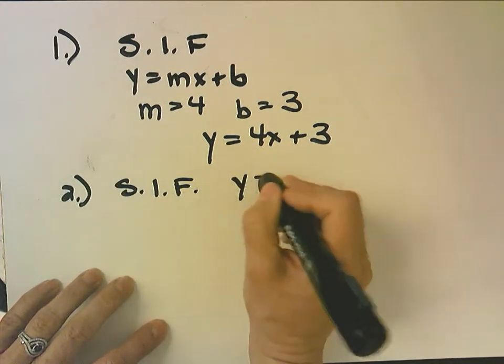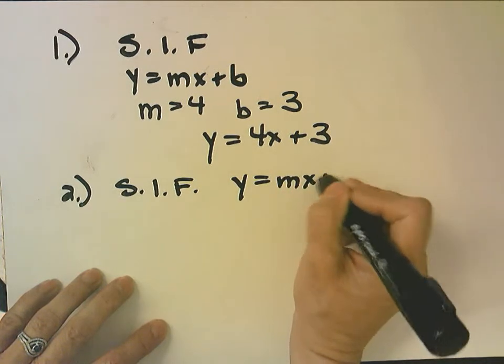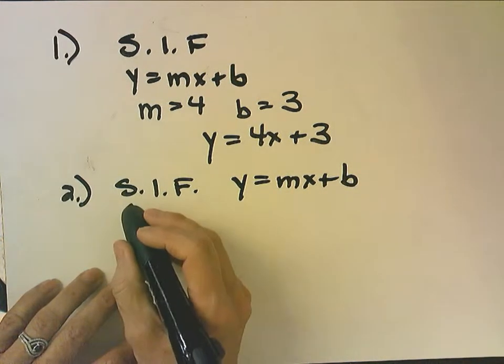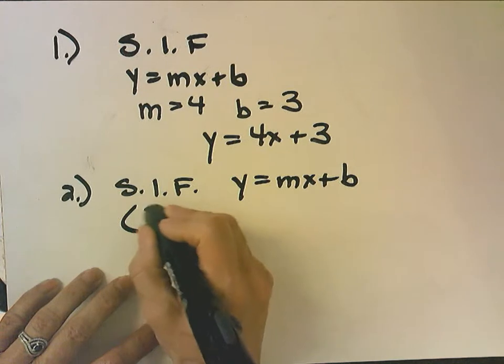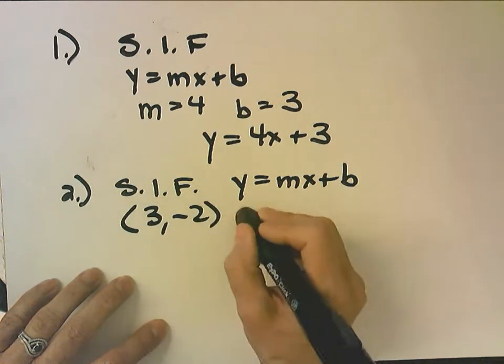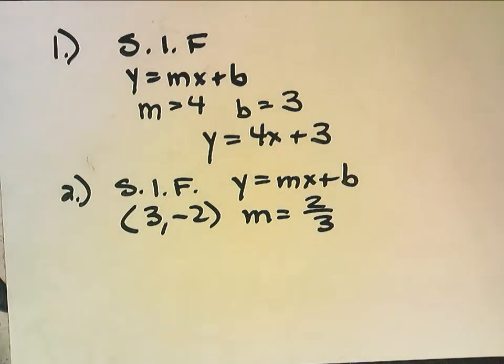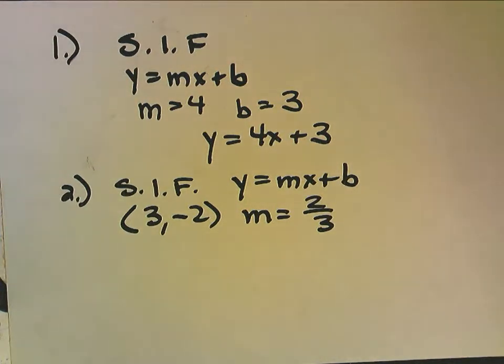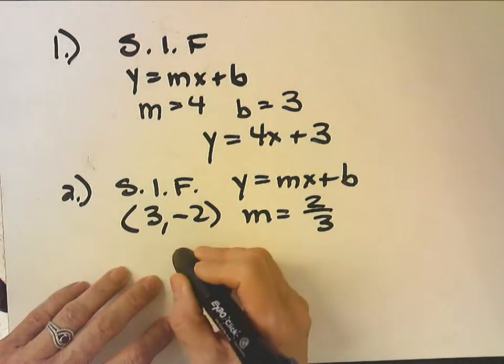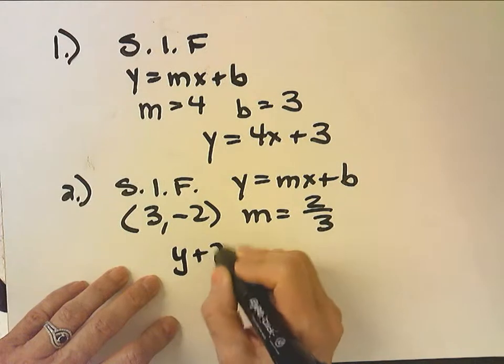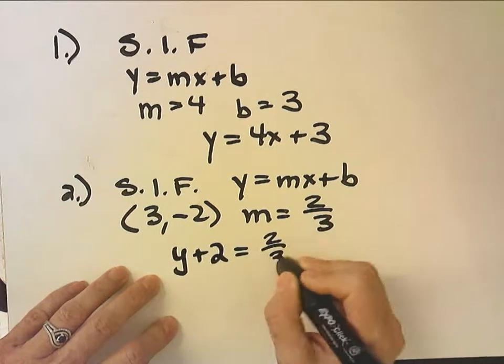Okay, number 2, write an equation, again, slope-intercept form. So make sure you know that's y equals mx plus b for my final form. It passes through this point and has this slope. So given a point and a slope, first I go into point slope form.